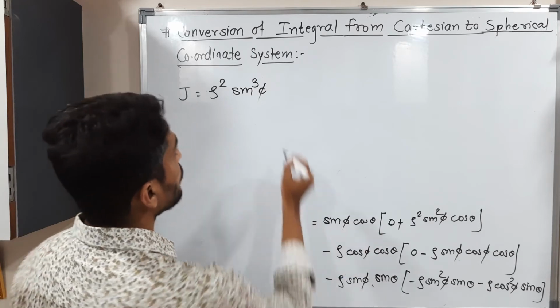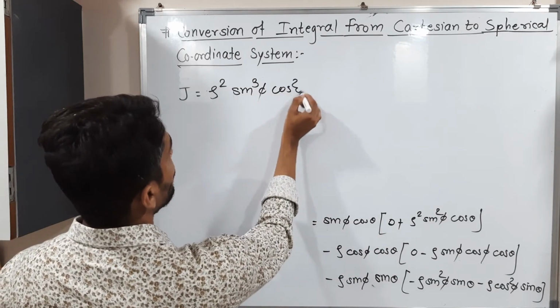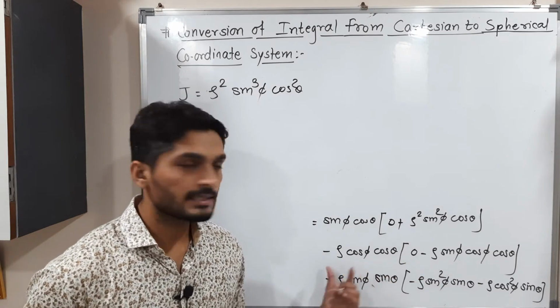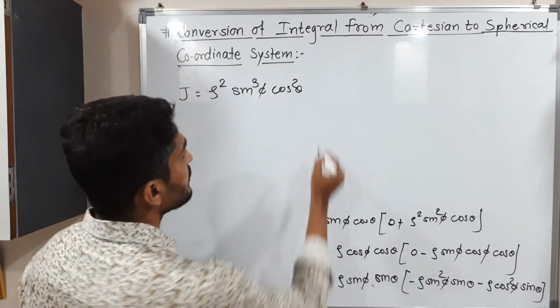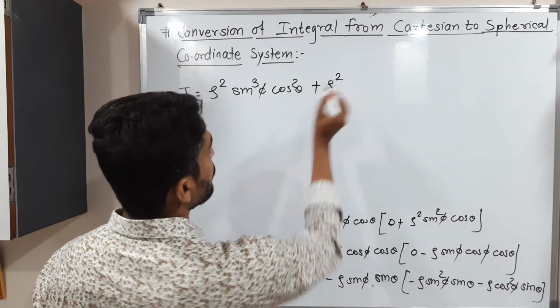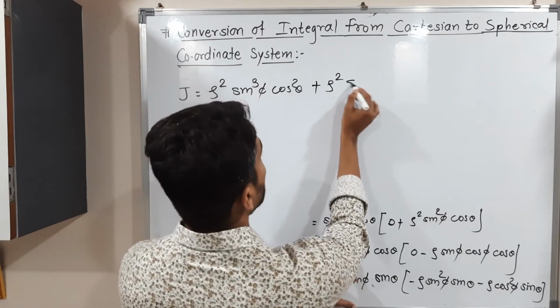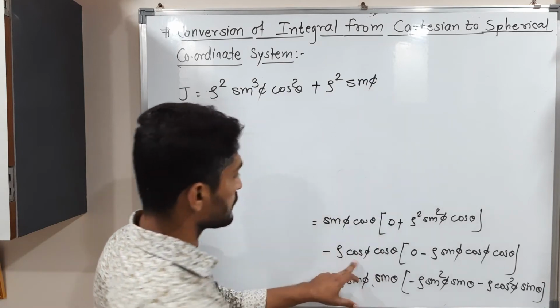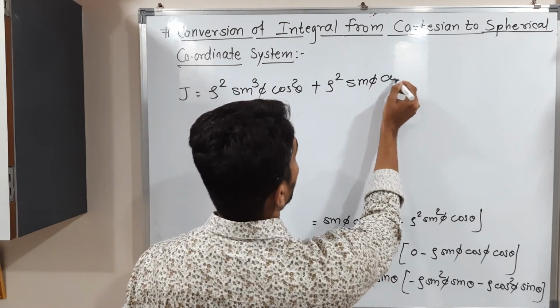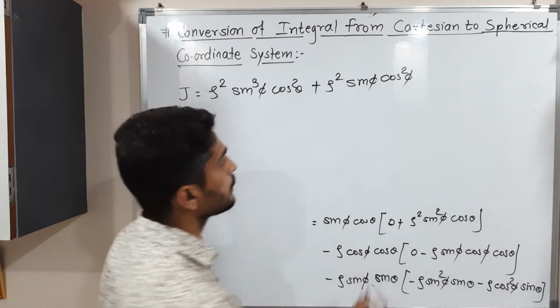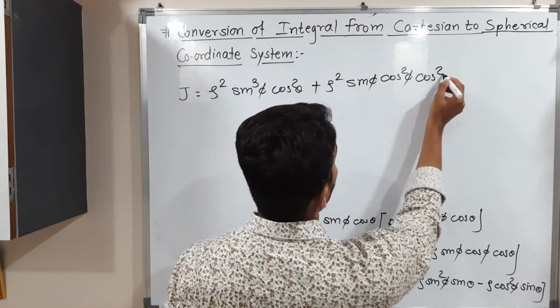Cos theta into cos theta, cos square theta. See, here also 0 is there, so we can simply take product. Minus minus plus rho square sin phi, cos phi, we will have cos square phi, okay, and cos square theta also we will get.